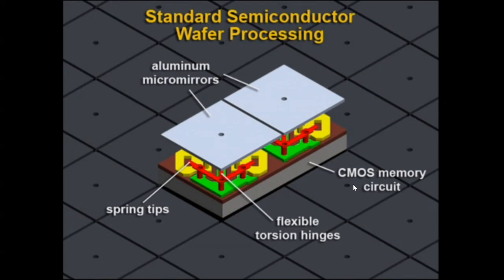The DMD is created using TI's proven semiconductor manufacturing processes. TI has delivered over 40 million DMDs since 1996. Each micromirror consists of a CMOS memory cell, upon which the reflective aluminum micromirror structure is built. The micromirror, or pixel, is highly efficient at reflecting UV, visible, and infrared light. The micromirror is a digital two-state device that can be operated at either plus 12 degrees or minus 12 degrees.